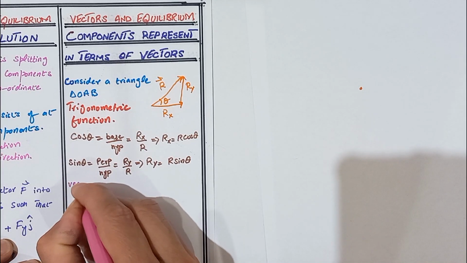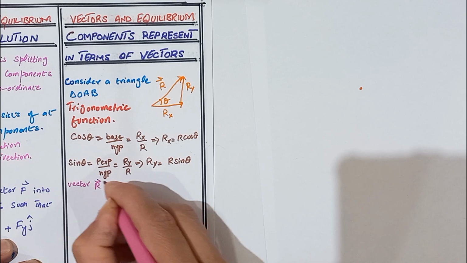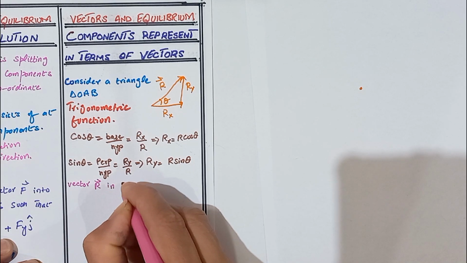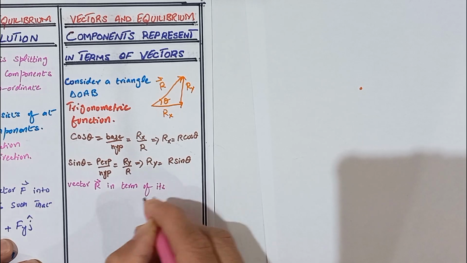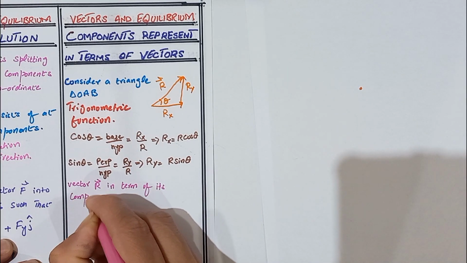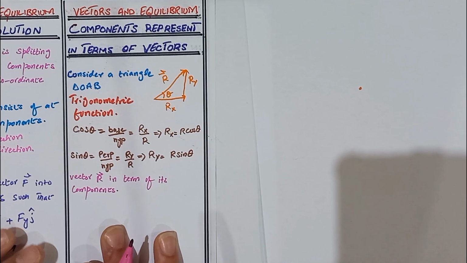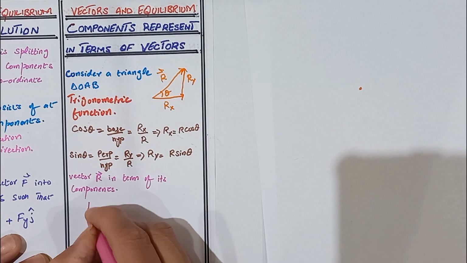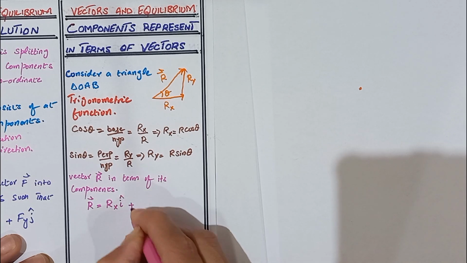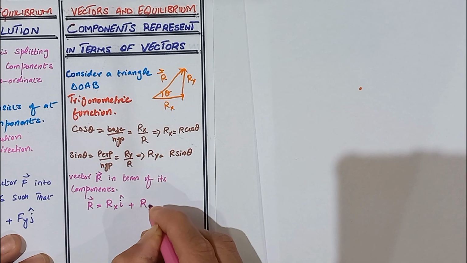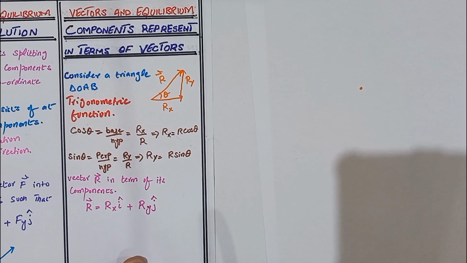Vector R in terms of its components is equal to Rx along the I unit vector plus Ry along the J unit vector.